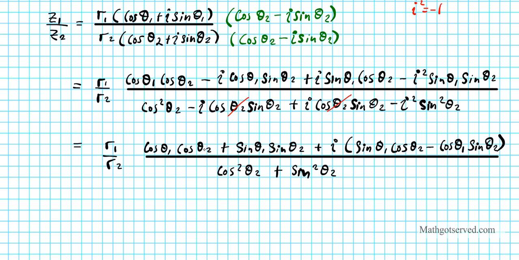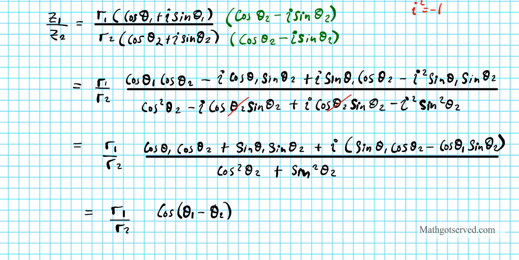Anyway, this is the difference identity for cosine, as we just saw. So we're going to have r1 over r2 times cosine of theta 1 minus theta 2.